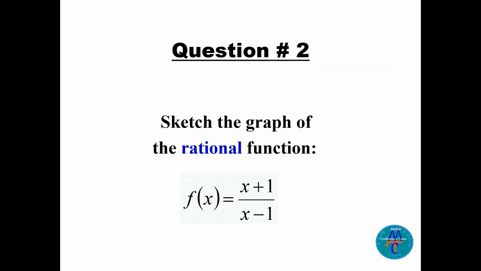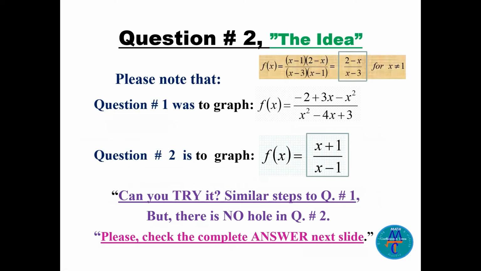Let's see question number 2. Sketch the graph of this function, (x plus 1) over (x minus 1). Now, here is the idea of question number 2. Look at the idea, I put this on purpose. Question number 1 was to graph this big, huge function.